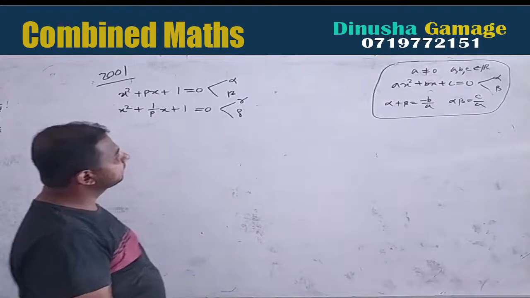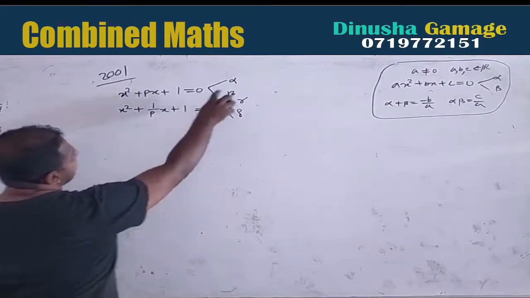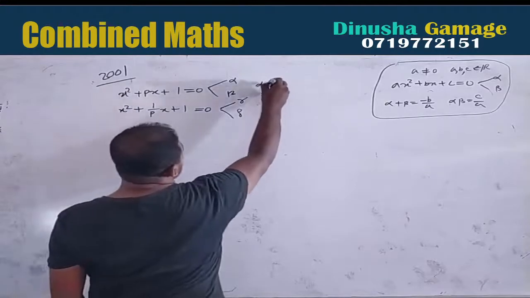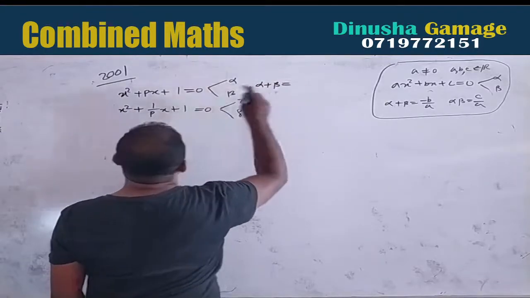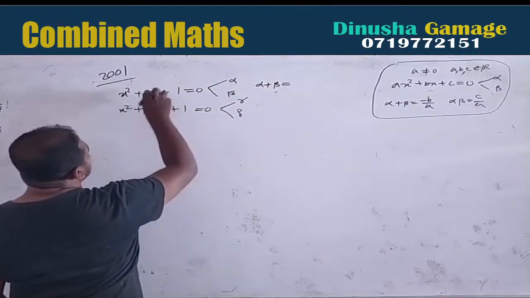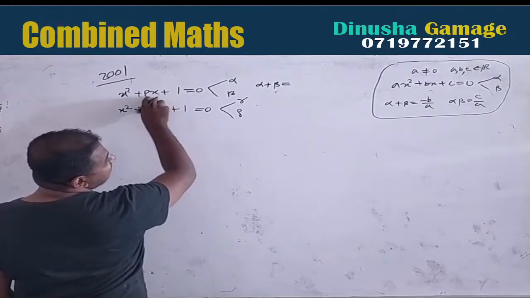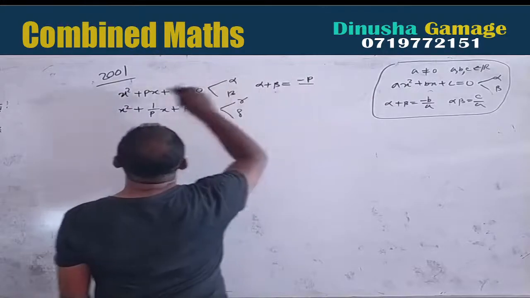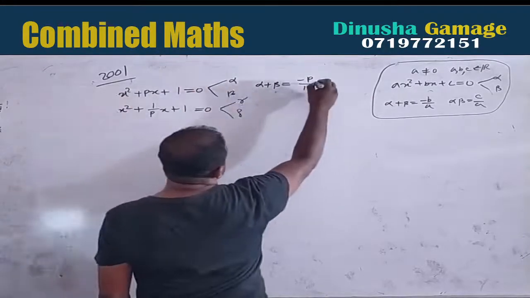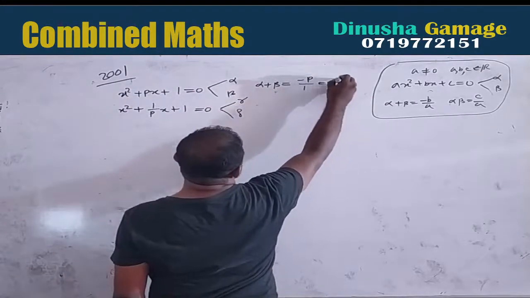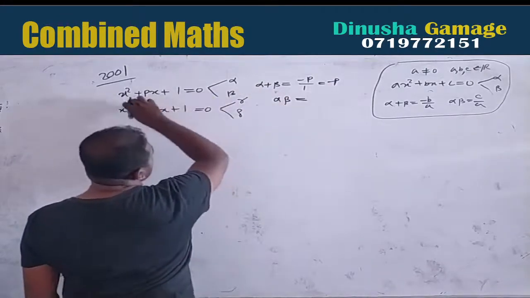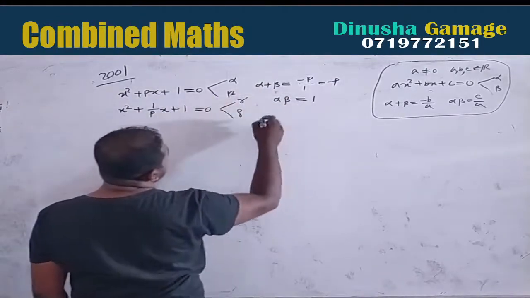It's easy. So shall I find alpha plus beta, the addition of the two roots of the first equation? Alpha plus beta equals minus b over a. The coefficient of x is p, so minus p, and the coefficient of x squared is 1, so it's minus p. And alpha beta, what is alpha beta? c over a is 1.